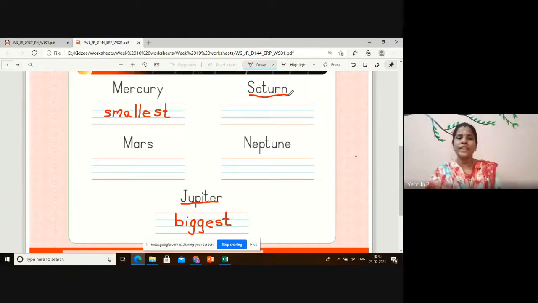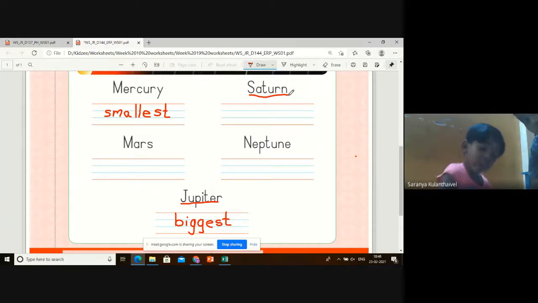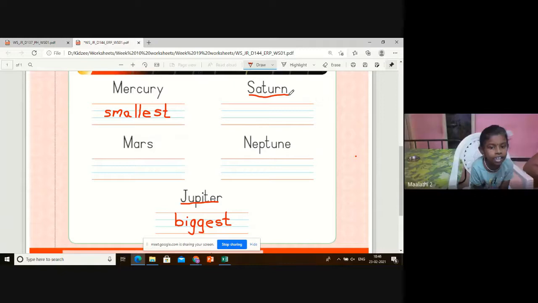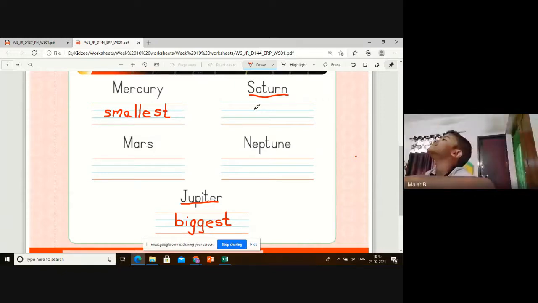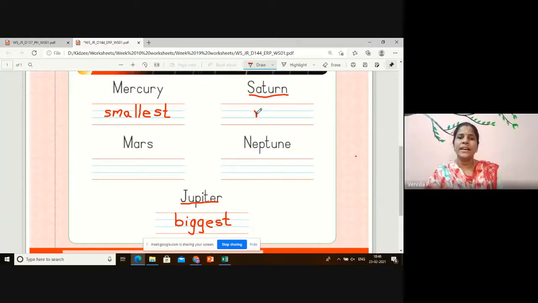Yes, Saturn. What is the identity for Saturn? Saturn comes with rings. So we are going to write rings here. R-I-N-G-S. Rings.